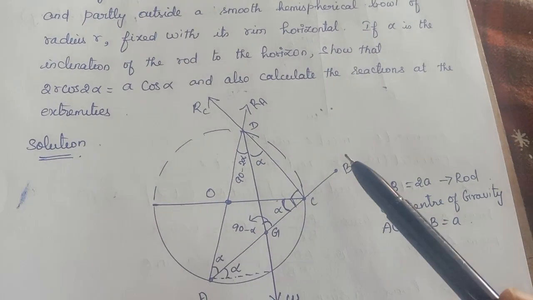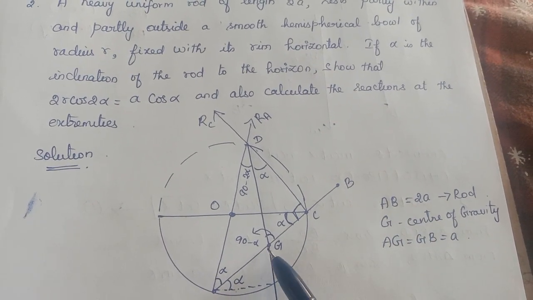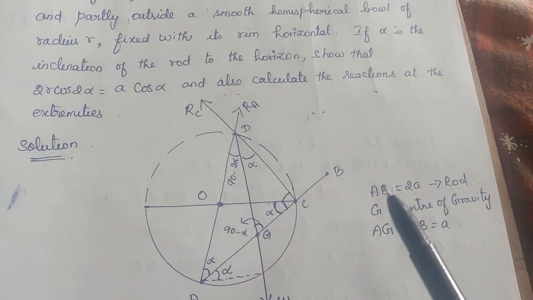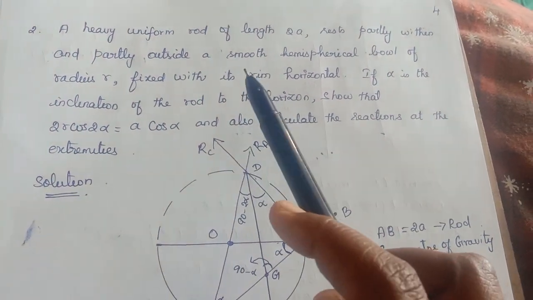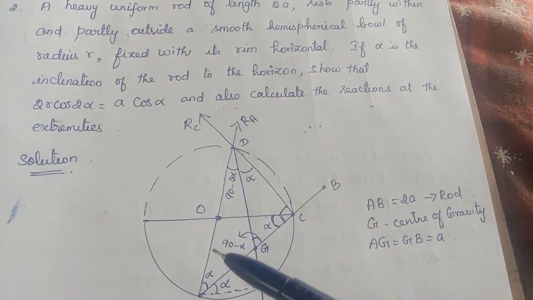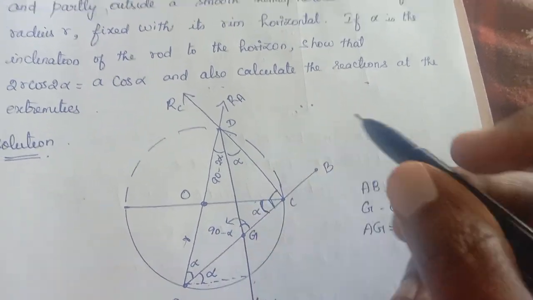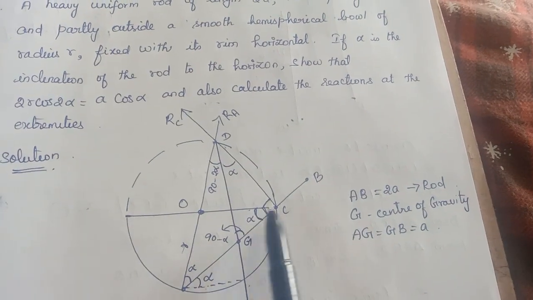So this is a rod. AB is a rod and its length is 2a. So it's a uniform rod. If G is the center of gravity, then AG equal to a and GB equal to a. Partly inside and partly outside a hemispherical bowl of radius r. What is the radius? Radius is equal to r, that is OA and OC are equal to r. Fixed with its rim horizontal, that is, this is the rim, this is horizontal.